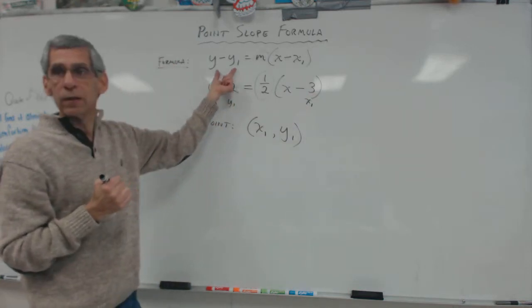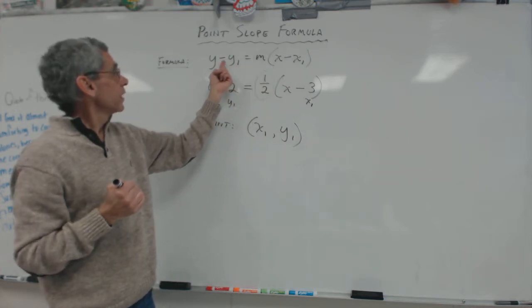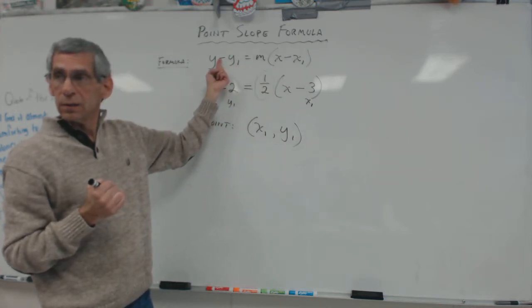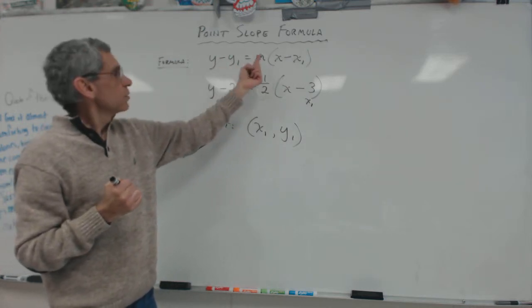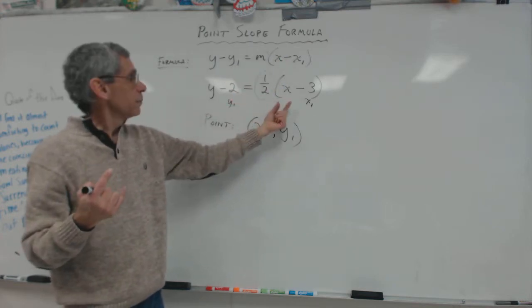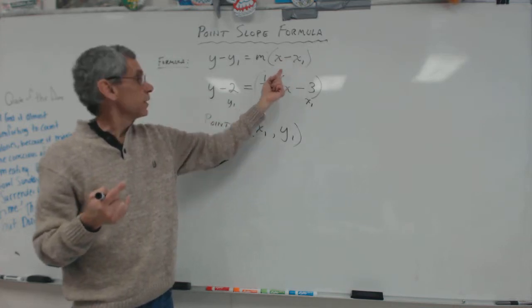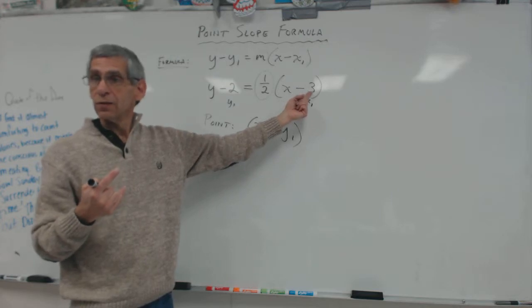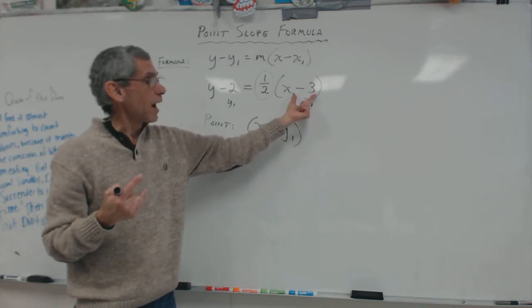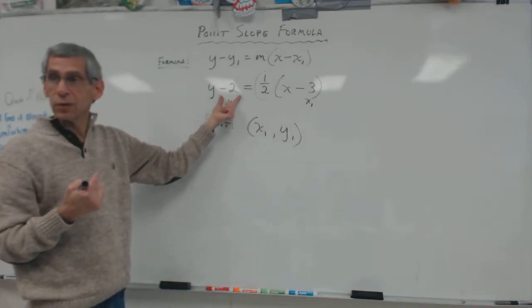But look at the formula. See how there's a minus sign there? The minus sign is in the formula. So that means if the x1 was +3, then you would just put the +3 after the negative sign. It would say x minus 3. So really, the point is the opposite of what it looks like here.